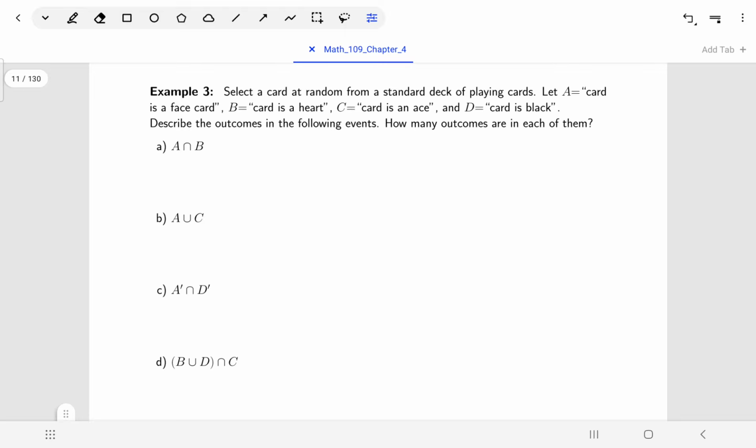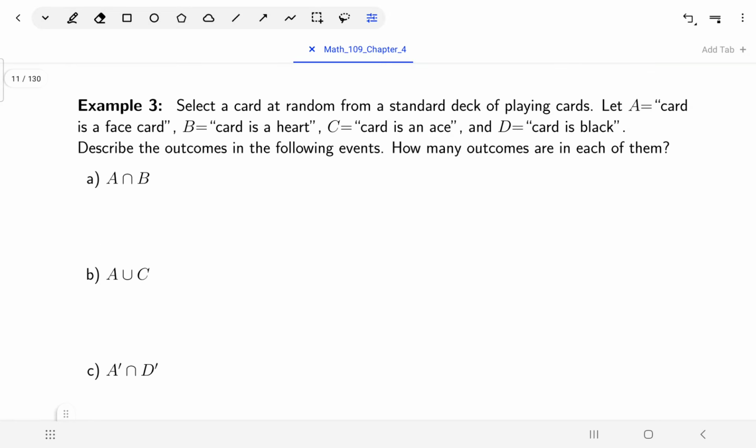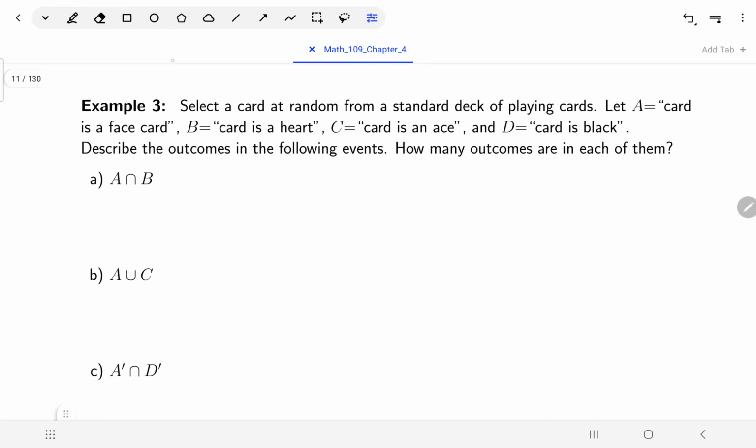And then let's ask ourselves what's inside that event. If we're thinking about A and B, these would be events where A is happening and B is happening. In other words, the card is a face card and also is a heart. So we're thinking about hearts and face cards.